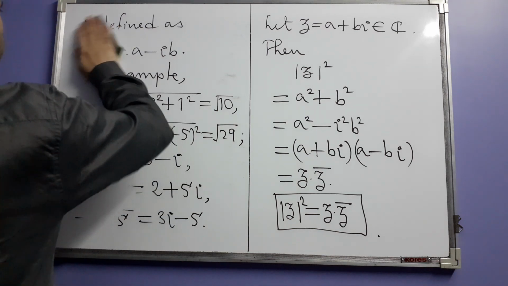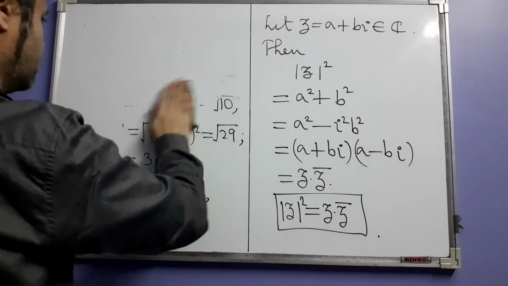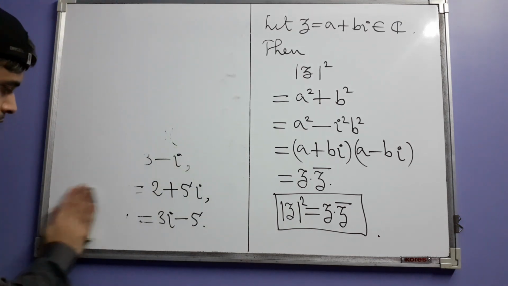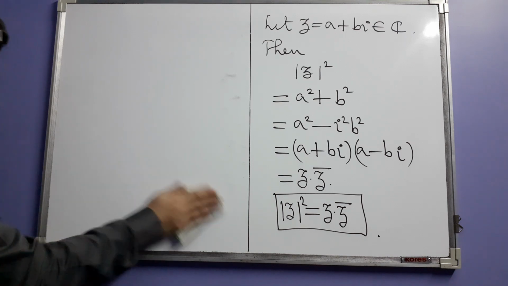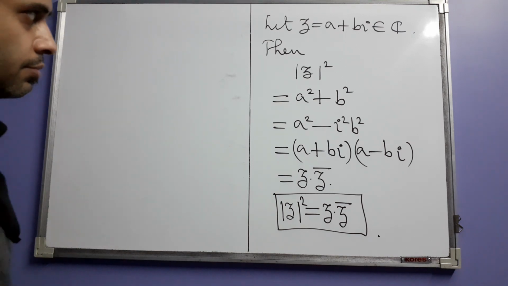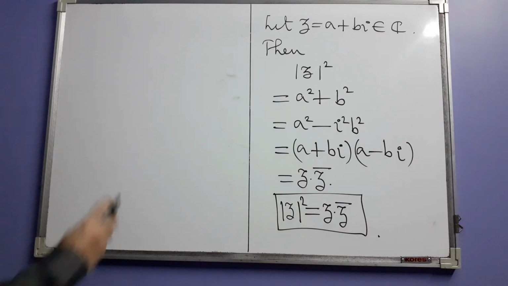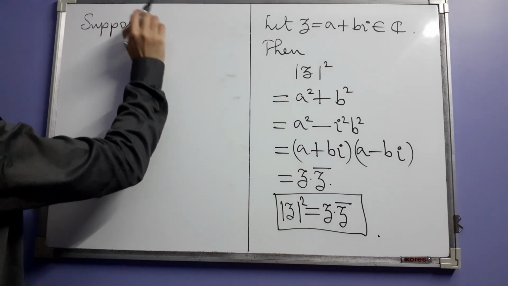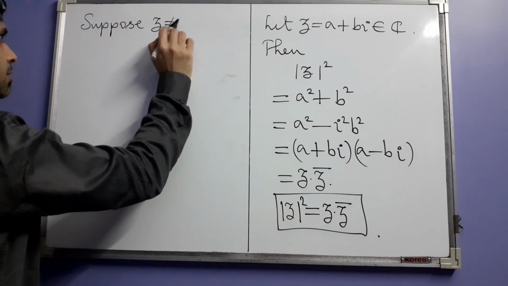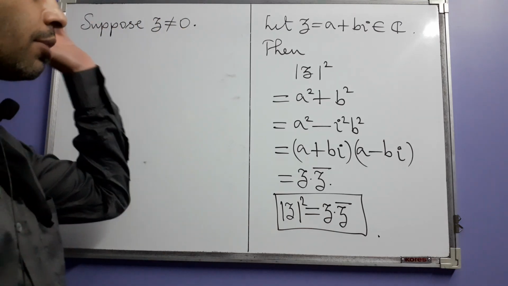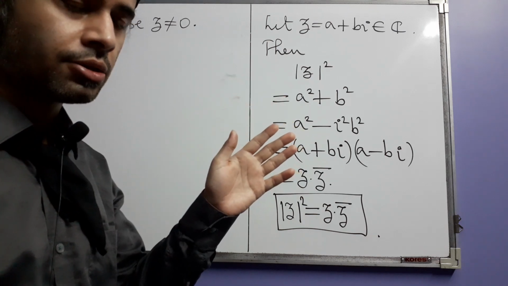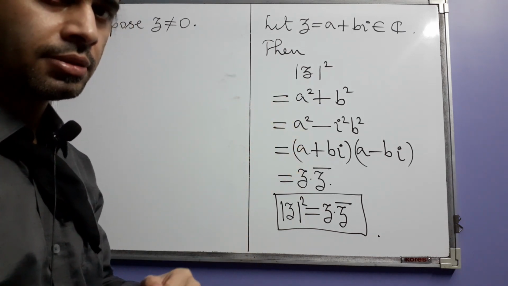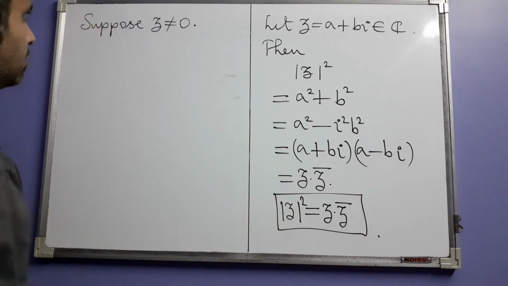Okay. Now, say additionally your complex number is non-zero, it's not equal to 0. Suppose this is not equal to 0. Then we saw before that whenever a complex number is non-zero, its multiplicative inverse exists, z to the power minus 1.